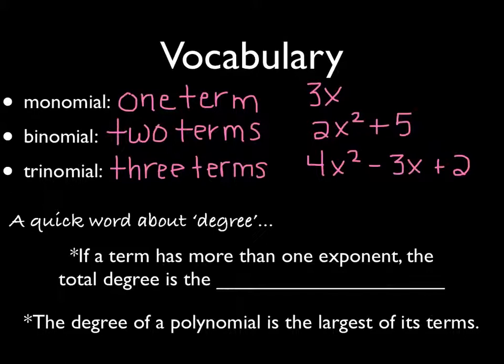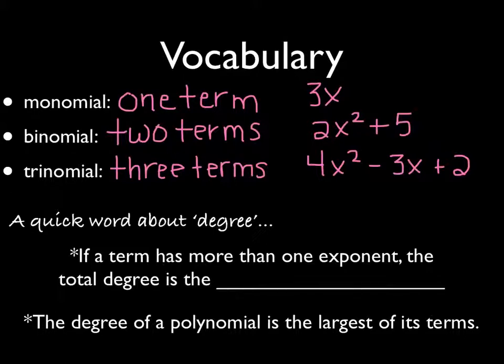Okay. Just so you know about degree, and I can't remember if I mentioned this in the video for you guys yesterday or not, but if a polynomial has more than one variable in it, so remember there was that one example in the notes that had like p and r? Remember how for degree you look for the biggest exponent?